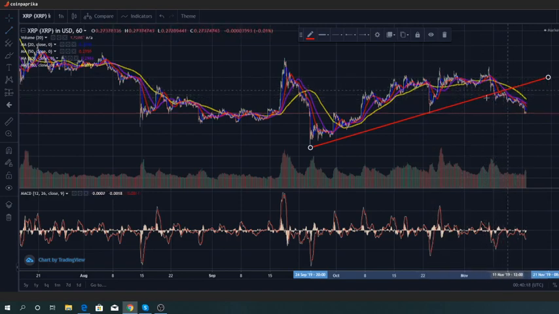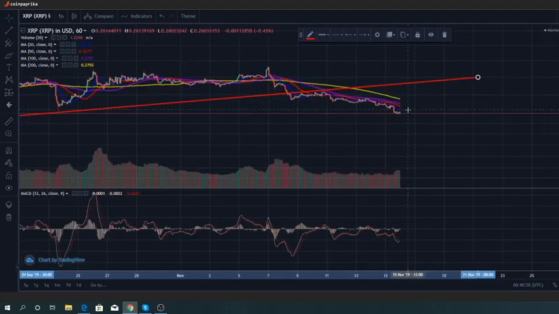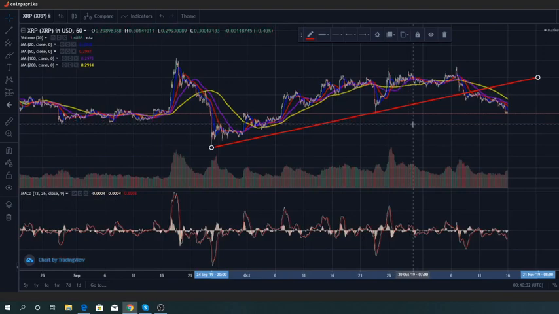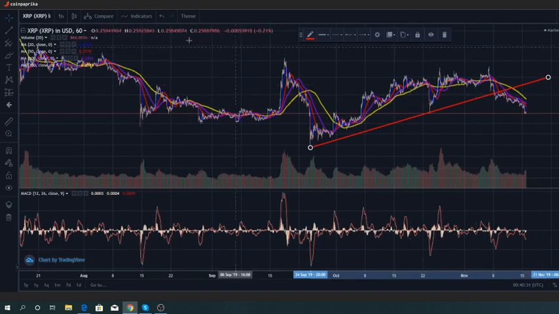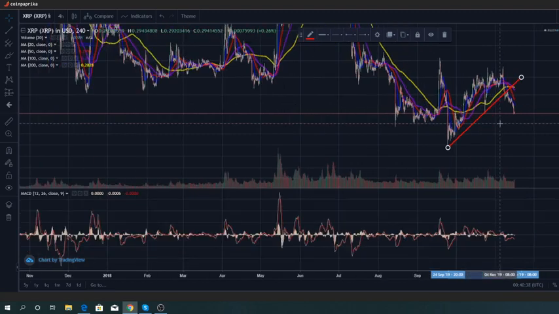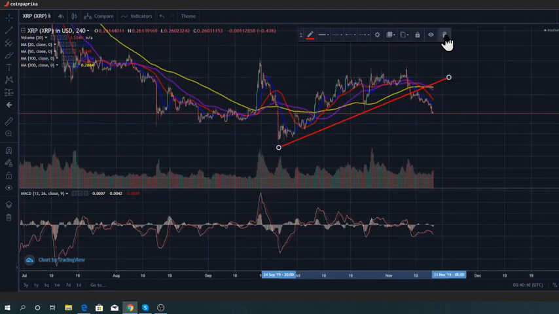We actually discussed this previously. When the price was breaking below this, we told that there will be a retest of this level and going down. Then the price actually went down. The moving averages are above the price, or the price is below the moving averages. So at this particular time, in the shorter time frame, it's a bit negative. I completely agree with that.